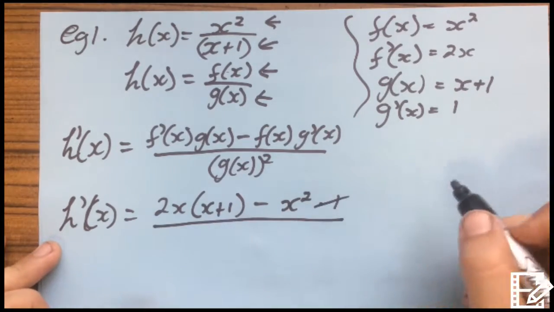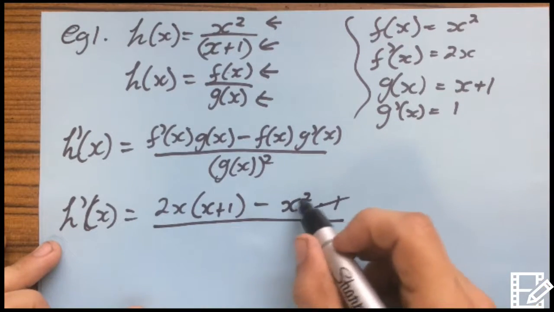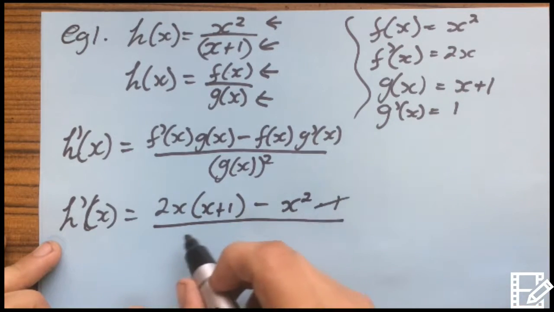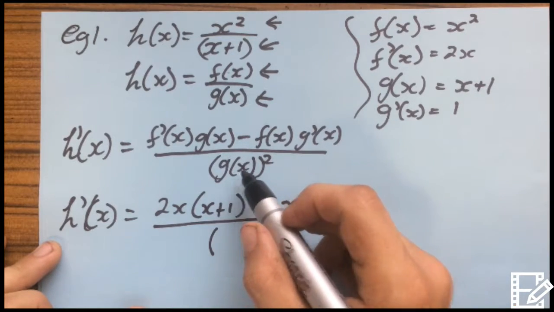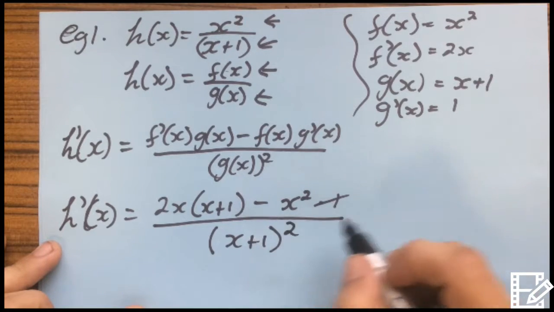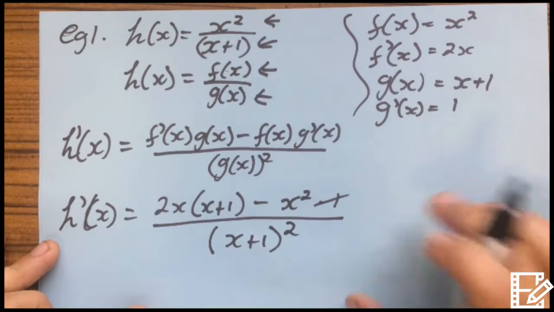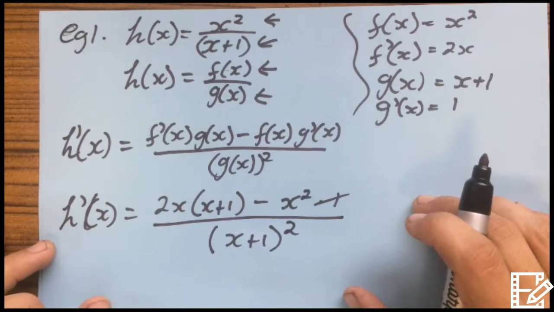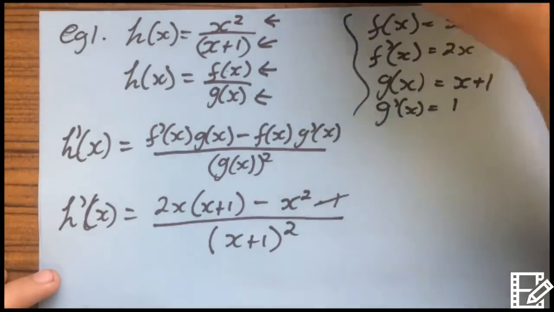Now you can cancel that out because multiplying by 1 is the same as what it is, so just leave it if you want to. And then we put all that over g(x), and then we square it. Now, you can go further, but I'm going to leave it there because that's derived. You can just simplify it and make it look nice, but I'm going to leave it there.